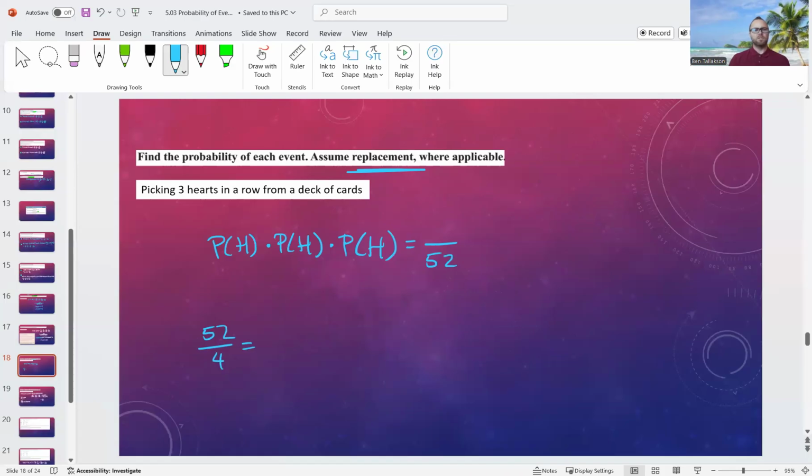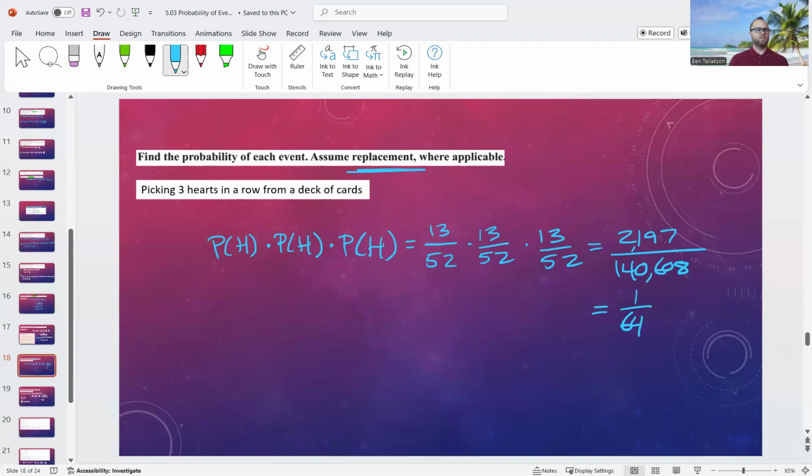There's 13 of each suit. Okay, and that is not changing. These are independent. Nothing changes. Multiply together to get a large numerator and an even larger denominator. And that simplifies to 1/64.